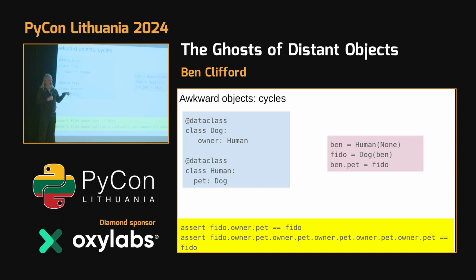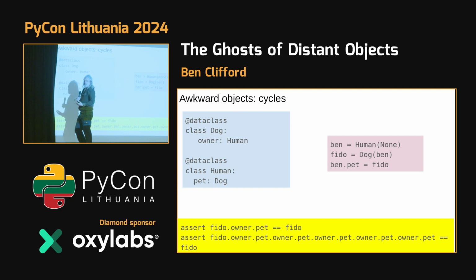If you have objects with cycles, what are we going to do? I'm going to say I've got a dog, Fido, and an owner, me, and they're cross-linked. Okay, so that right down here. Fido's owner's pet is Fido. And that's an infinite cycle. I can say Fido's owner's pet's owner's pet forever is Fido.